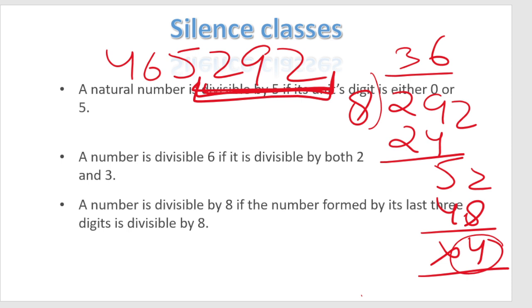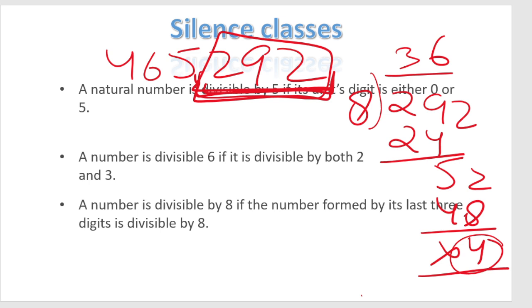If the last 3 digits are divisible by 8, then we can say that the number is divisible by 8. So first of all, you have to check this.